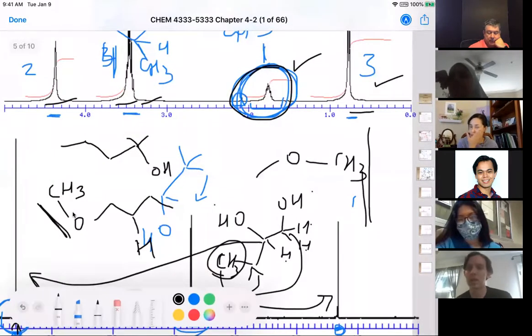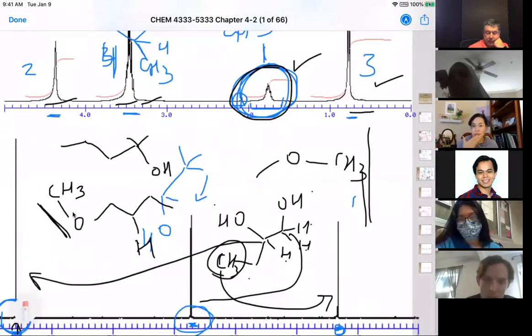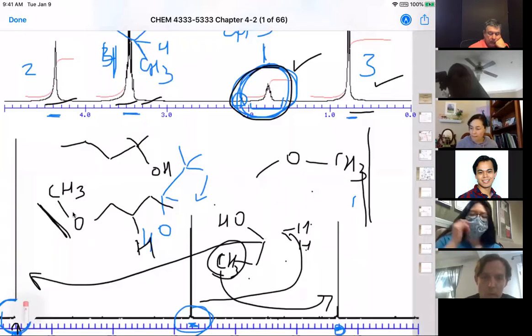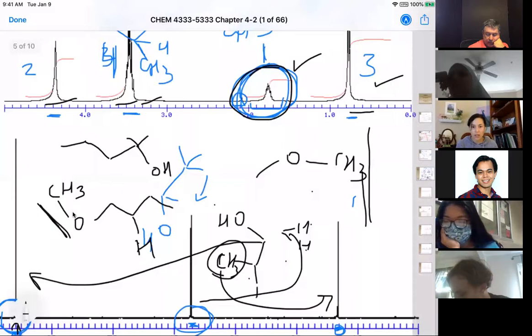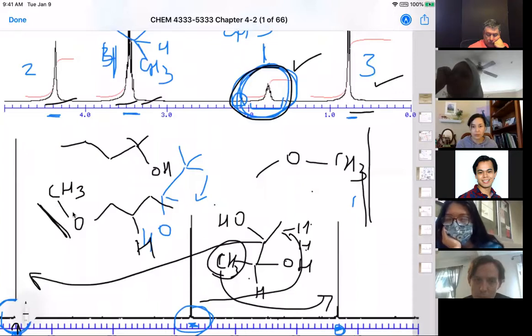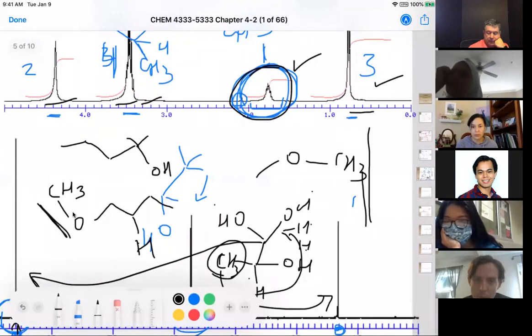So that means if that's a doublet, there can only be 1 hydrogen here. So that has to be a hydrogen here, and then the OH there, and then 1, 2, 3, OH here. That's what it has to be.